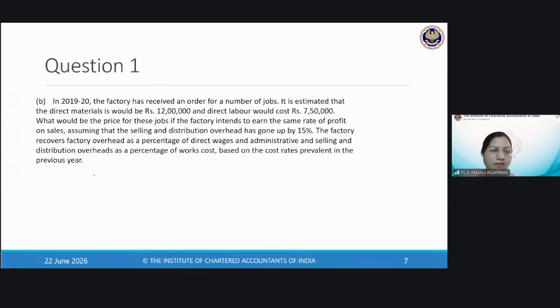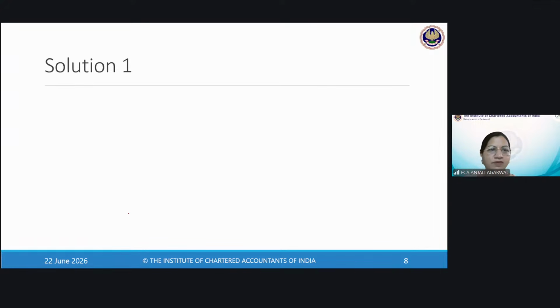In this particular question, it's a very simple question without any opening and closing stocks. So let's quickly look at this part of the question first. Cost sheet for the period, or for the year ending 31st March 2019.